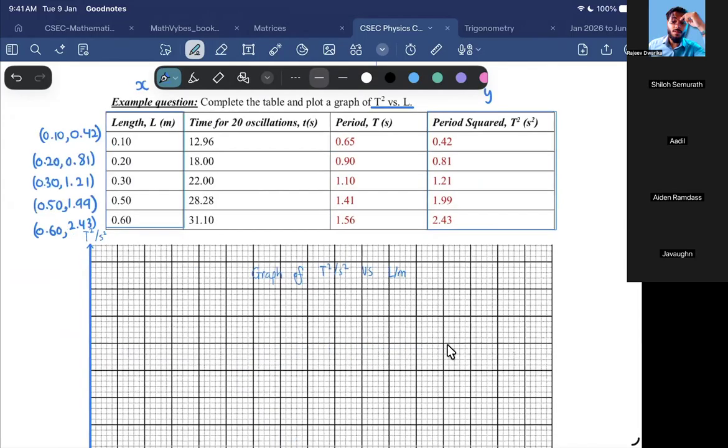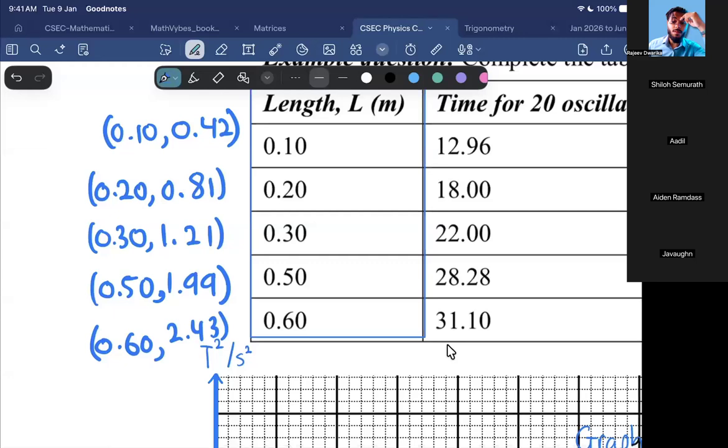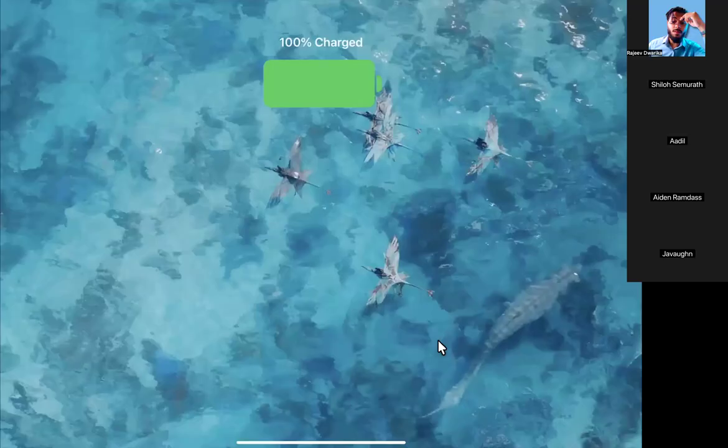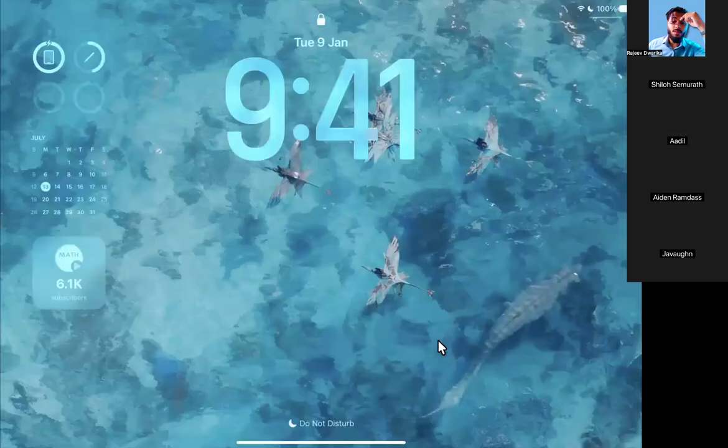Which one do y'all want to do the scale for first? The x-axis or the y-axis? X, no problem. So let me show you an easy way to do this. What is the biggest value we have to go up to on the x-axis?